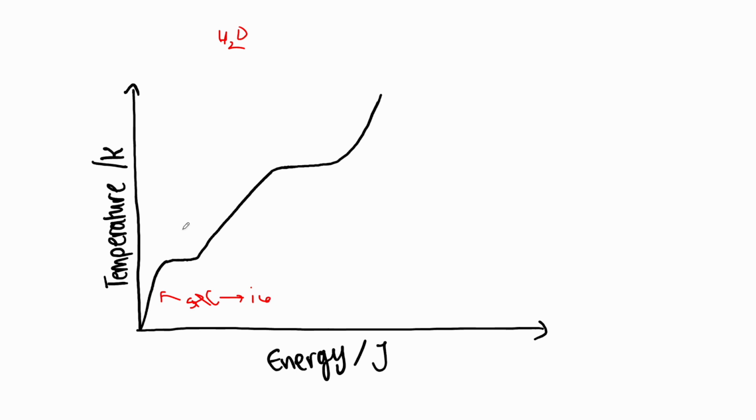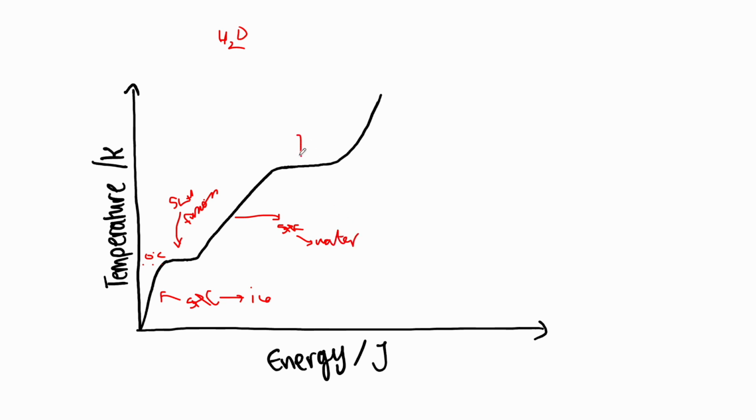Then this is the specific latent heat of fusion, and this would be at 0 degrees C. Then this should be the specific heat capacity of water normally, and it raises the temperature of the water until it boils over here.